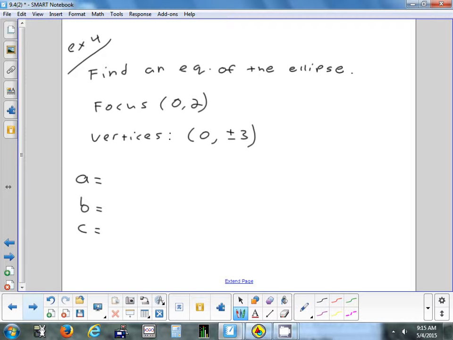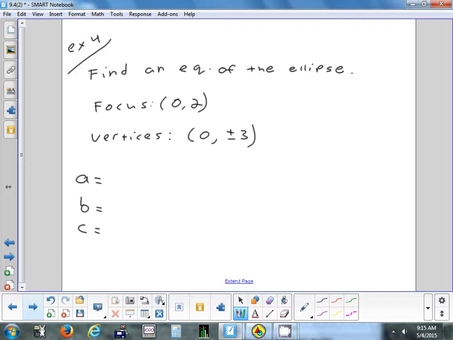Does it seem like they left something out that would be automatic here that they could have written? Yeah? You would assume that it would be plus or minus 2 for the focus. Yeah, if there's a focus at 0, 2, there's a focus at 0, negative 2. I don't know why they chose to write the vertices that way and they didn't do the focus that way.